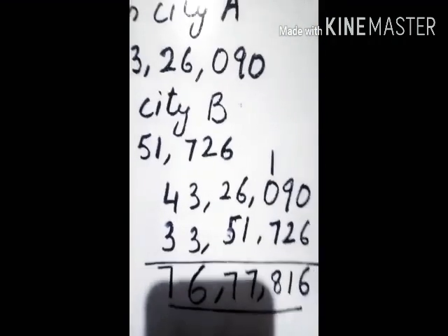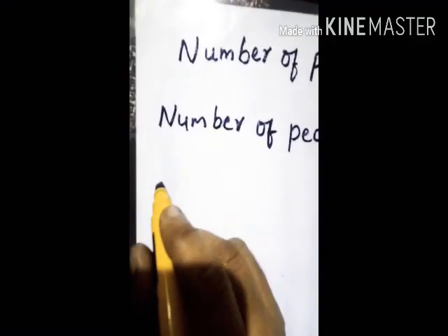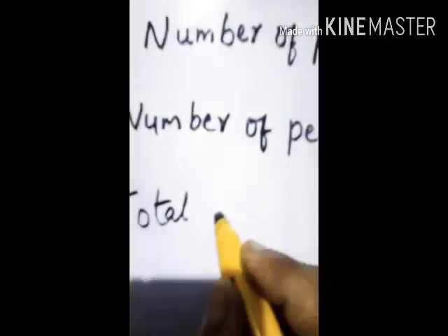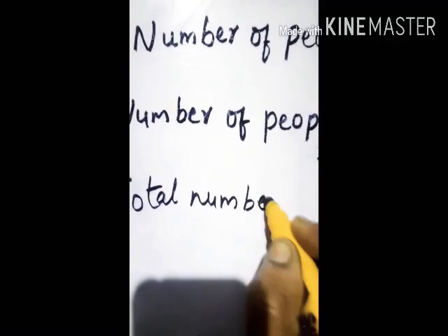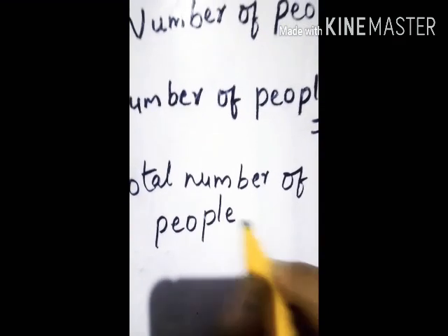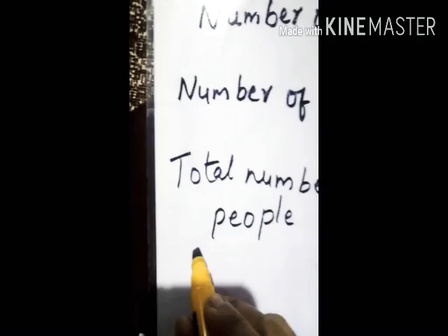Now the last conclusion you have to write here. Total number of people. That is the last answer. People is equal to what you have done.